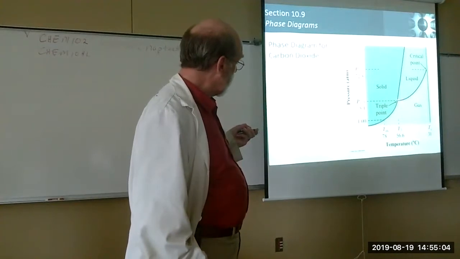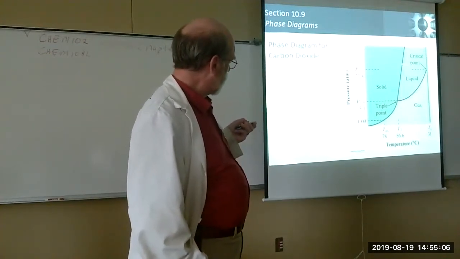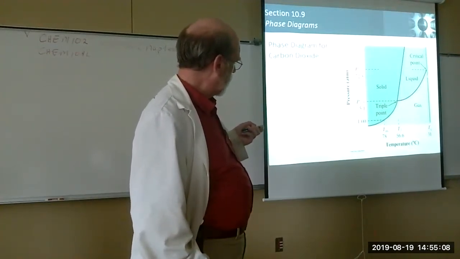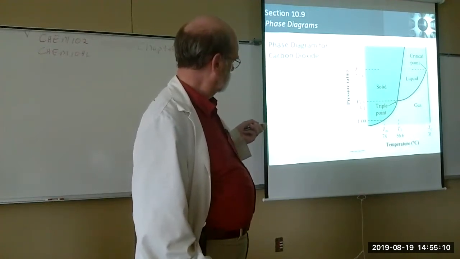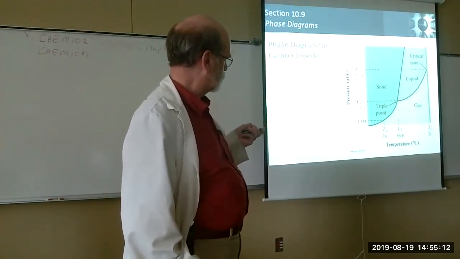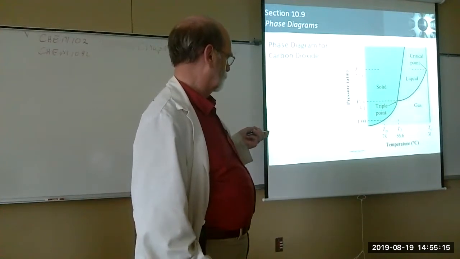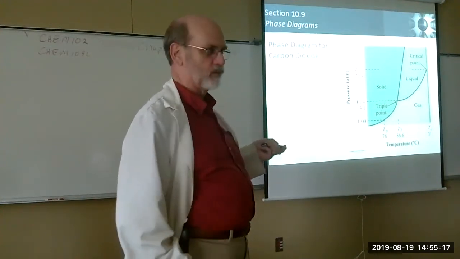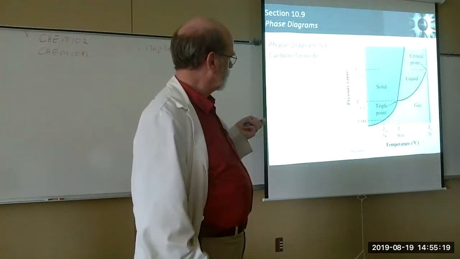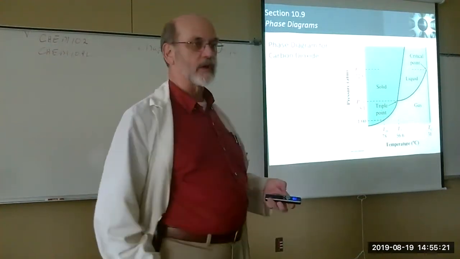If you follow this line out to a very high pressure and relatively high temperature, well, 31 degrees, that's a little more than room temperature, then beyond this point is the critical point.